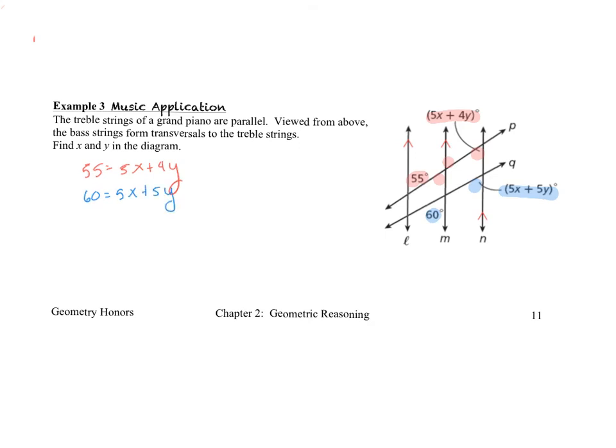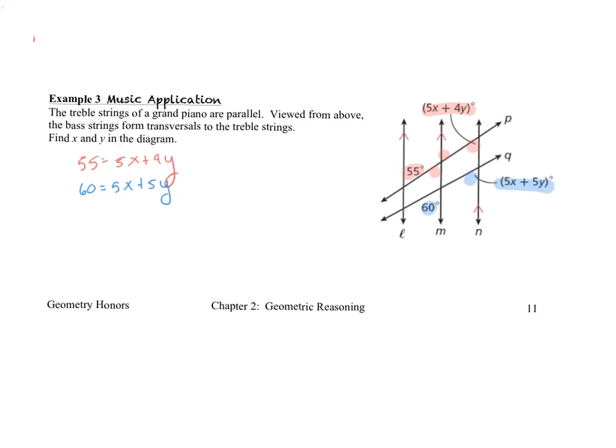And since we have two variables here, we're going to need substitution or elimination to solve this system of equations. I would use elimination. The 5x's almost cancel. I can make everything on the bottom negative. So now the x's cancel, and I end up with negative 5 equals 4y minus 5y, which is negative y. Divide both sides by negative 1, and y equals 5.